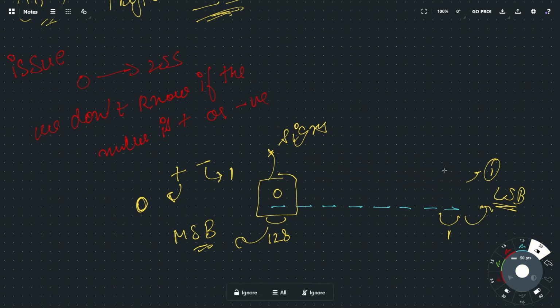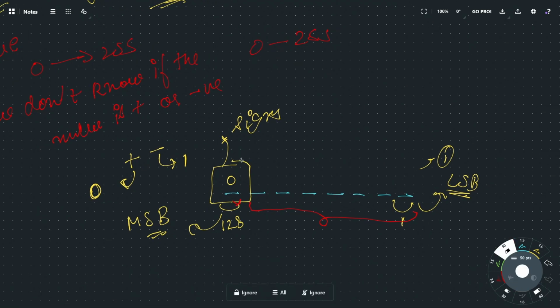Now one thing I want you to know is that because we have removed a bit from here, the range that was 0 to 255 is now reduced, right? Let's see what's the maximum number that we can get. We can ignore this bit because we can't really use it, it's just representing the sign.